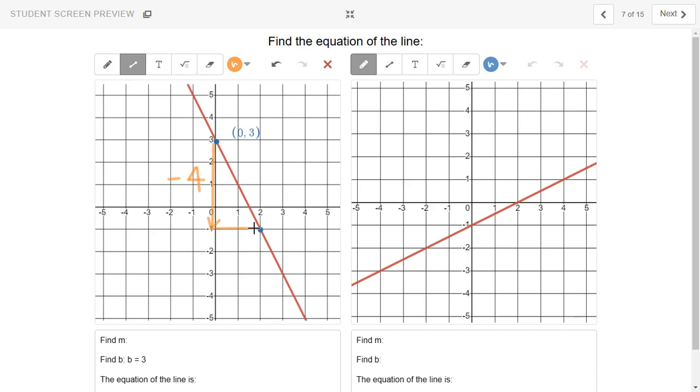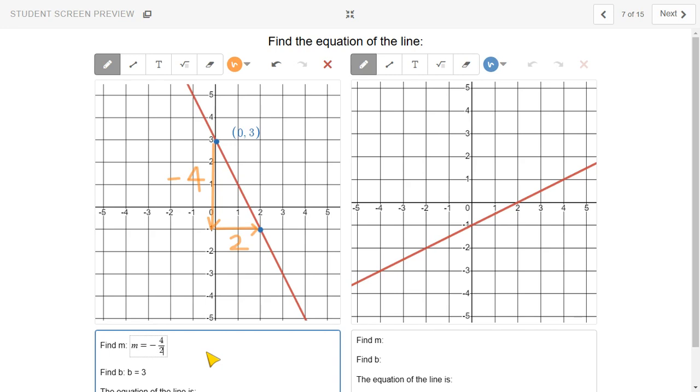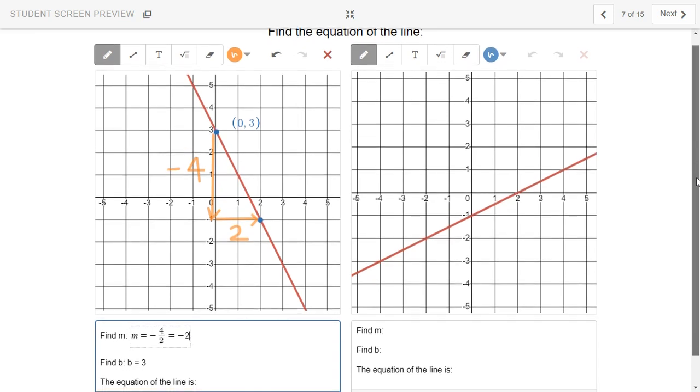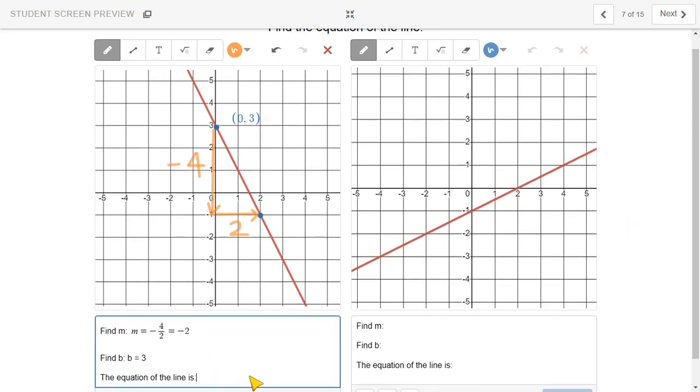And then I went to the right by 2. So our slope is -4 over 2. But -4 over 2 can be reduced. Let's divide it by 2 and we get -2. So the equation of our line, once we combine those two items, y is equal to -2x plus 3.